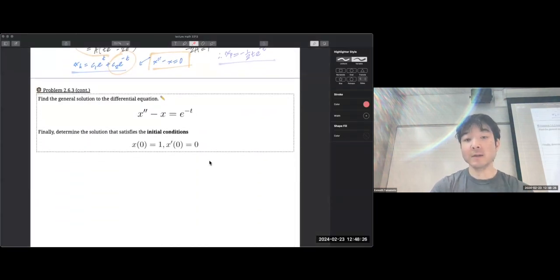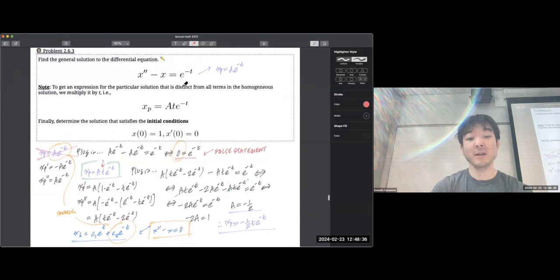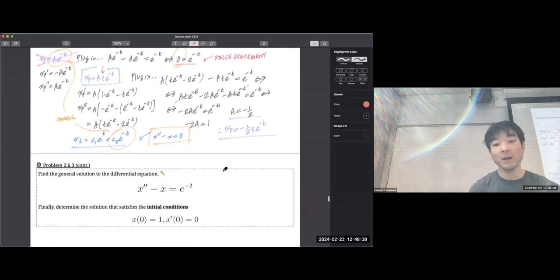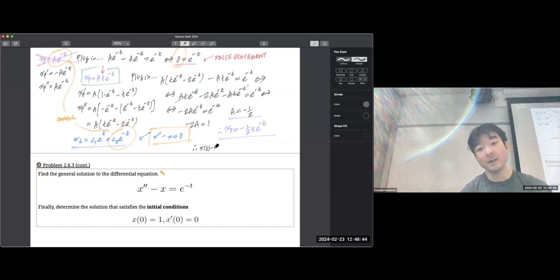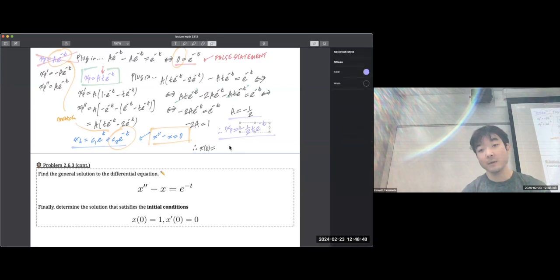Let's see, this one is basically solving an initial value problem. It's the same equation as this. So here you have, therefore, x of t is equal to this particular solution right here, plus the homogeneous solution, which is this one.